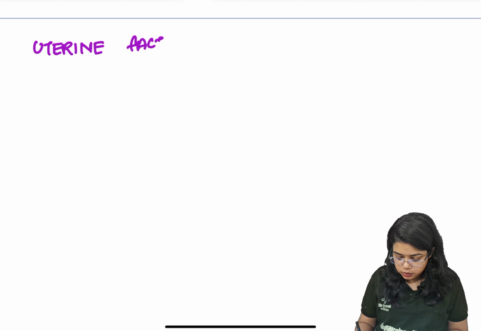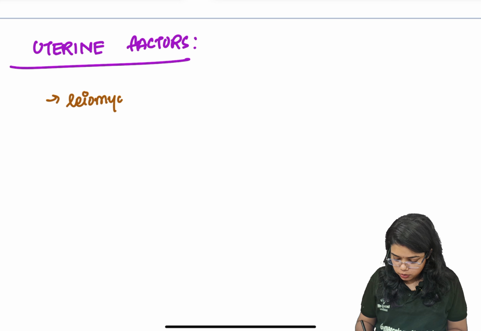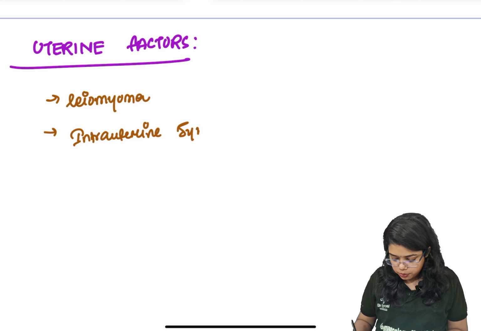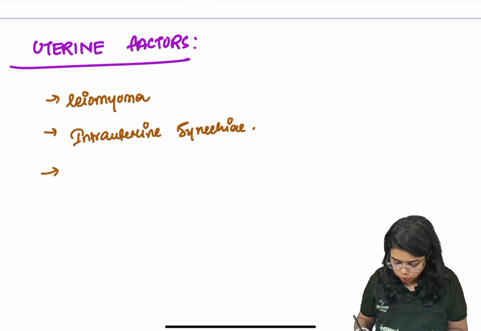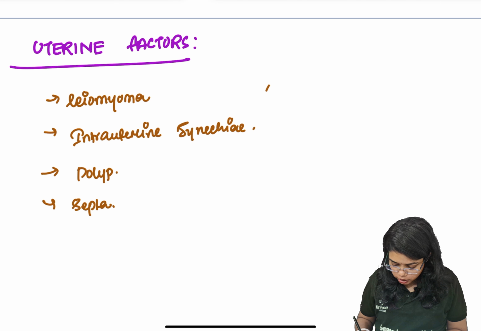So, what are the uterine factors? Leiomyoma, that is fibroid, then intrauterine synechiae, that is Asherman syndrome, then cervical polyp, then uterine deformities, septa, congenital anomalies.